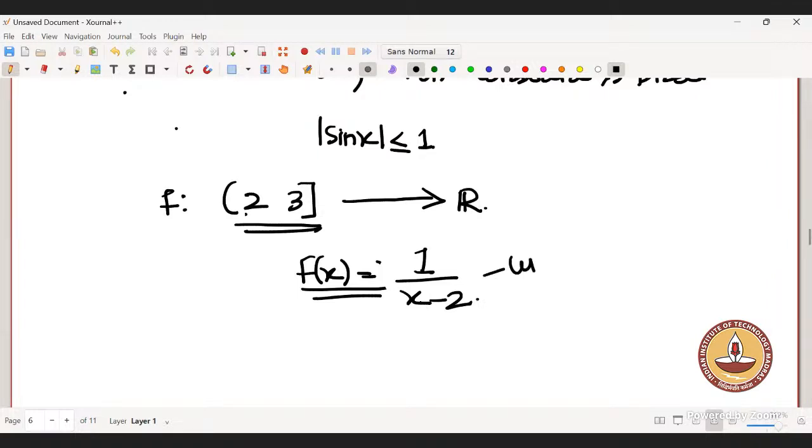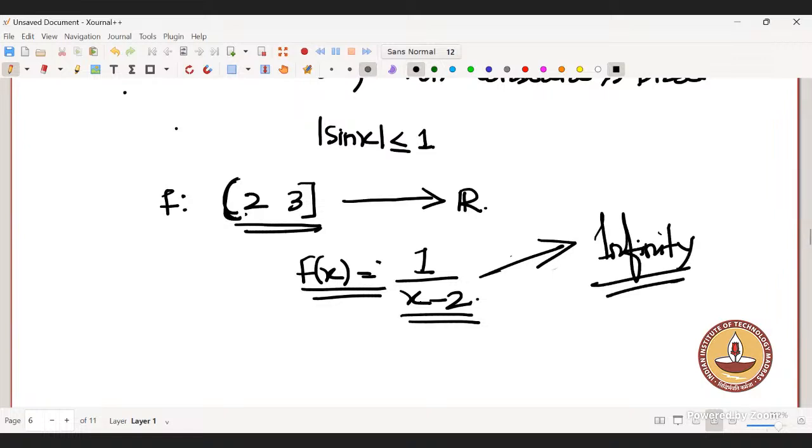See, the main thing is, as you can see, 2 is not included, right? So we are in a safe situation because we are not including 2. But when you come closer and closer to 2, this will go towards infinity. So this is not bounded, and as well as this is continuous. Okay, sir. Got it.